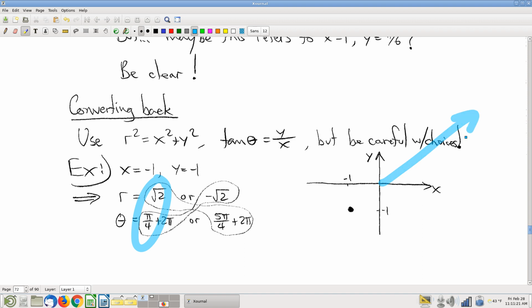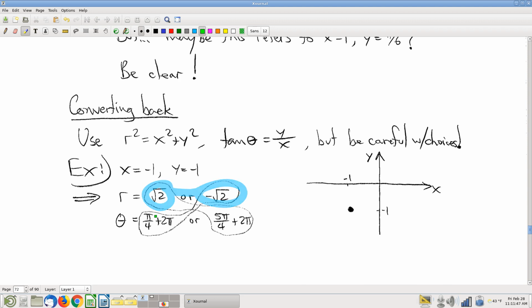And theta pi over 4 is like this. r square root of 2 would put me right there. And that is not the point I want. I want to be over here. So, heads up. It's just wrong to say theta is the arctangent and r is the square root. Be super duper careful. r could be either this or that.